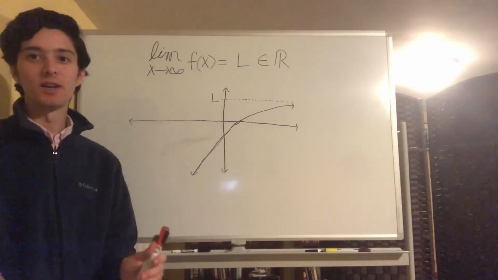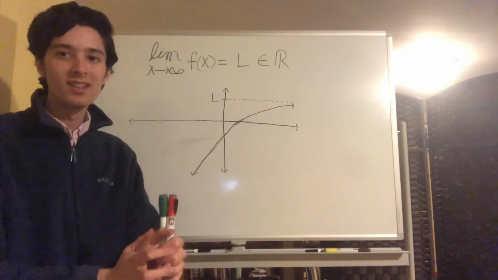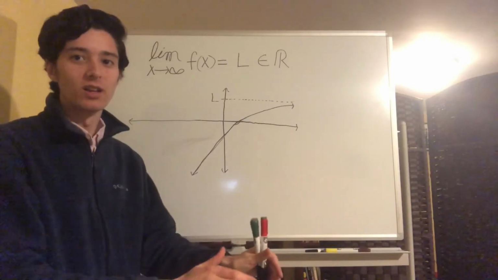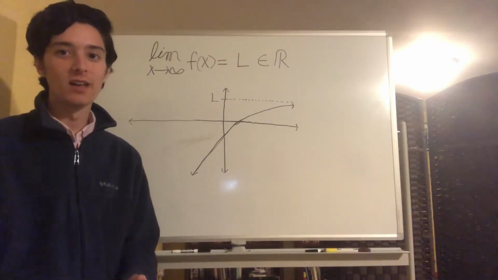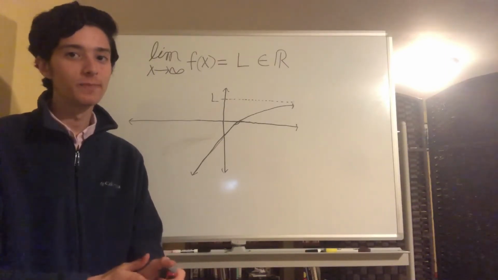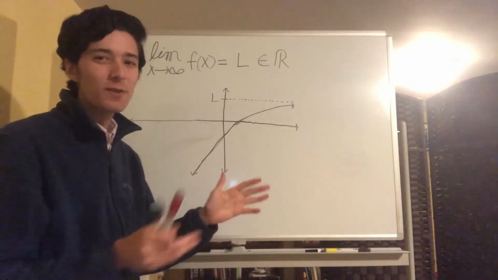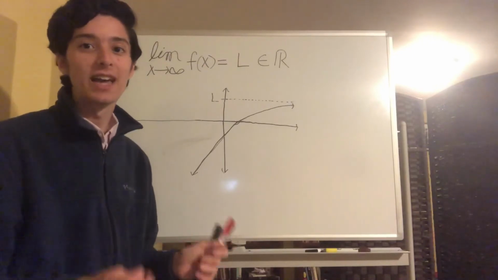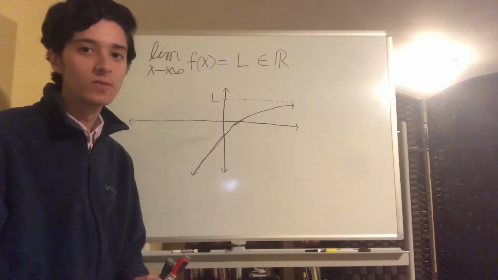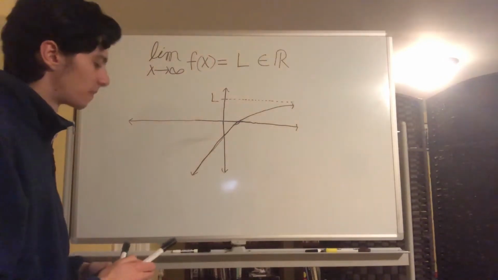Now, like last video, I want to see if we can do the reverse process. Instead of starting with an x coordinate and trying to find something less than the absolute value of f of A minus L, can we start from some distance and then see if we can find that A?